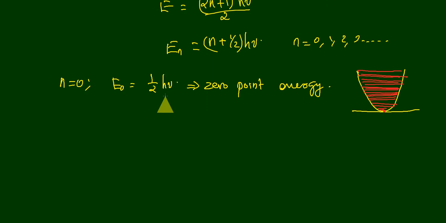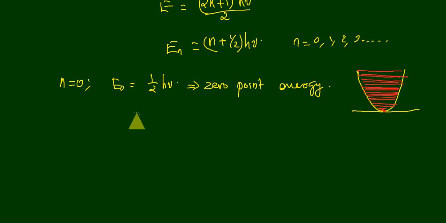Zero point energy does not mean that energy is 0. It only means that even at absolute zero, whatever you do to reduce the energy of the system, the system will still have some amount of energy greater than 0. That is the zero point energy.